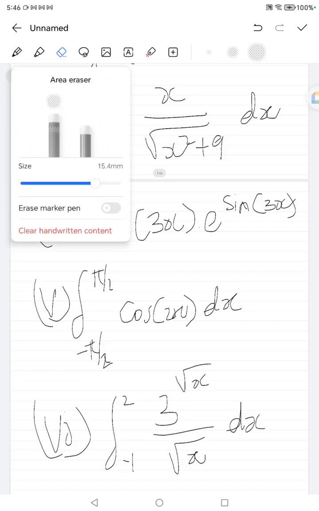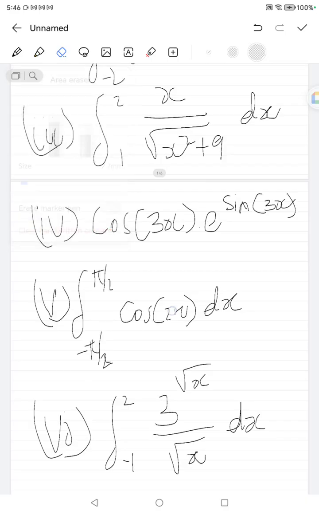I think it's 2, because of your 2x. No, I mean the upper and the lower limit. Which one? For this one? For number 5. That's pi over 2 and minus pi over 2.